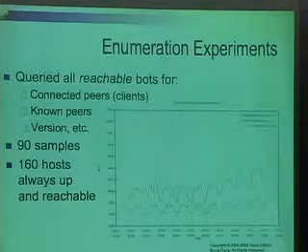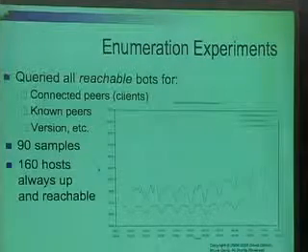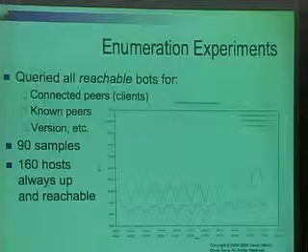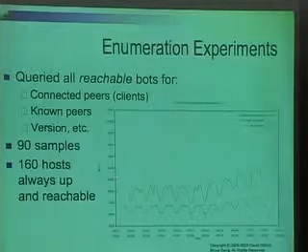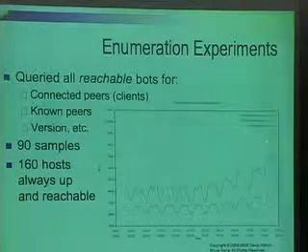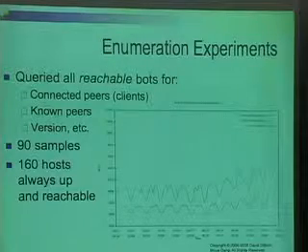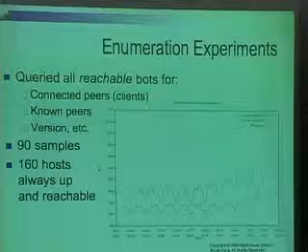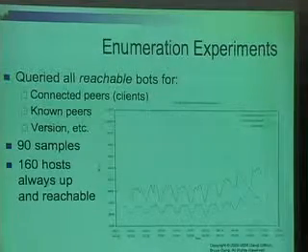Through reverse engineering, we were able to figure out how to connect to the network and do something similar to Brandon Enright, who was analyzing Storm. And you run this tool, and again, I apologize, you can't see this very well, but the top line here is the footprint of the network, the number of hosts that they all know about as being connectable. So the servants, the hosts that you can talk to, not behind firewalls.